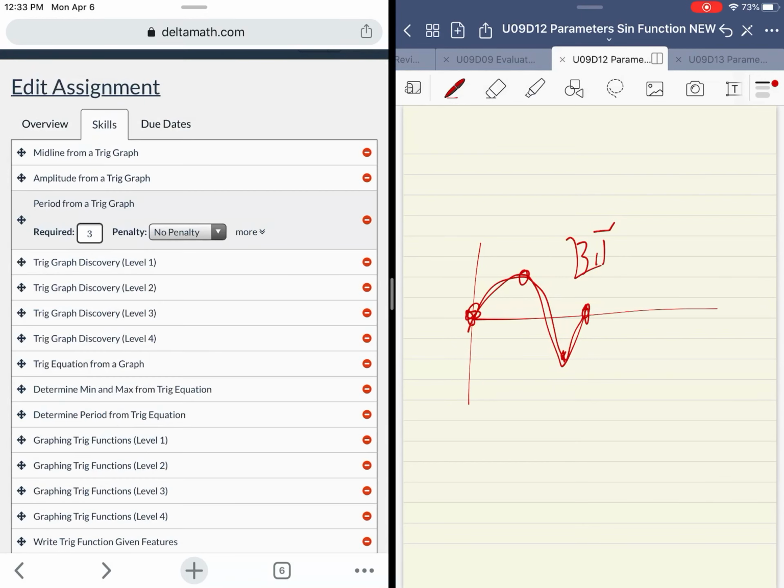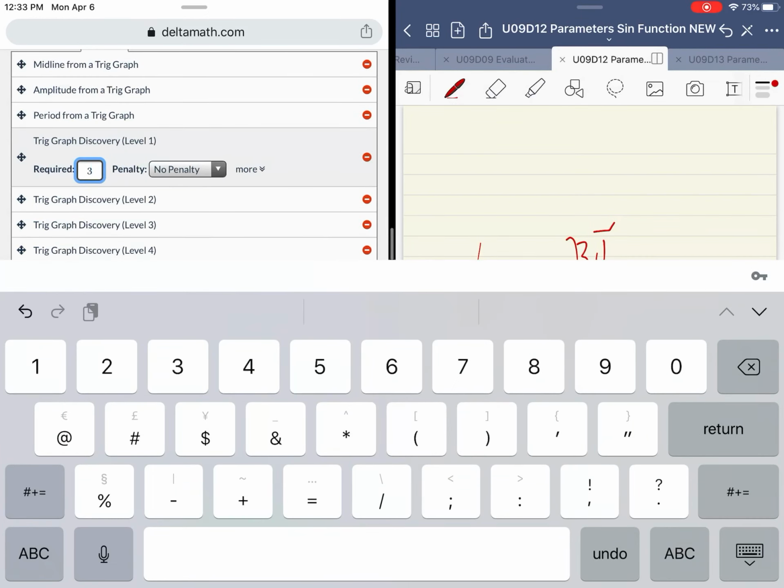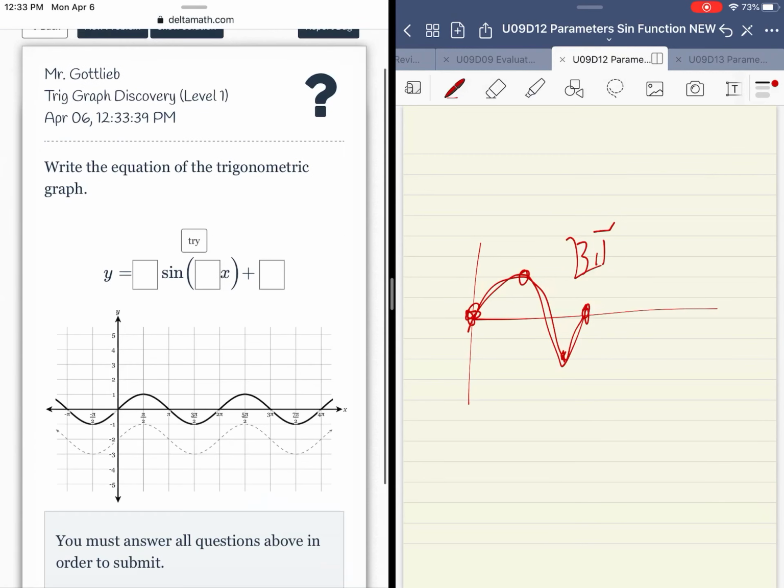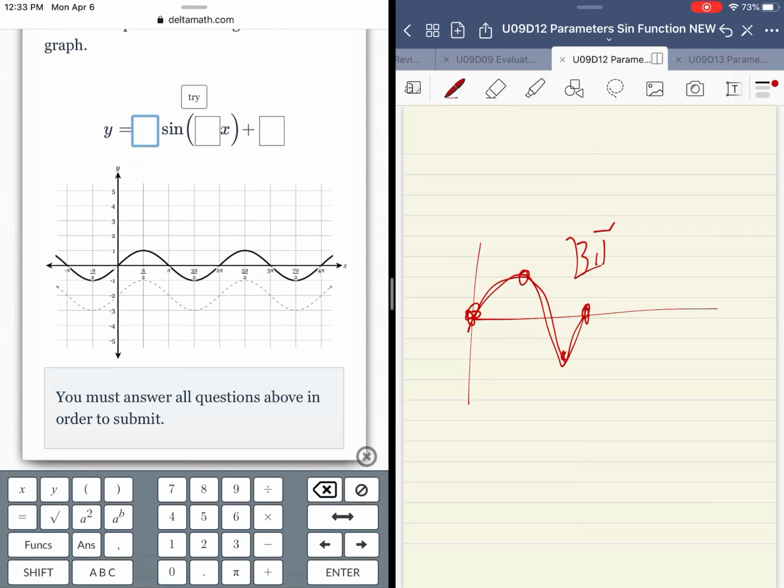Let's take a look at the next problem. Trig graph discovery. We start with a standard sine curve, so by default the amplitude is 1, the frequency is 1, completing the graph at 2 pi, and the midline is 0.